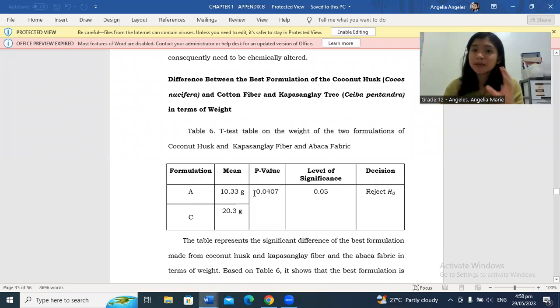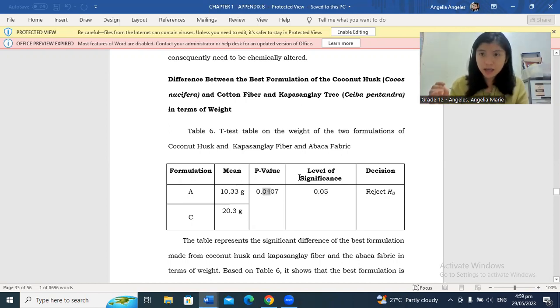So, based on the results, almost na nagkaroon ng not statistically significant in terms of weight. Almost, pero statistics is still statistics, so we're going to follow. Okay? So, the level of significance, 0.05, is still higher than 0.04.